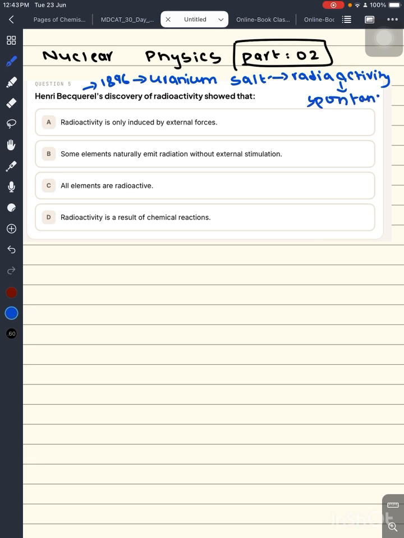What does that mean? That it does not depend upon external factors.